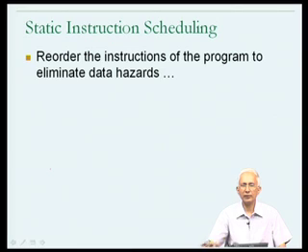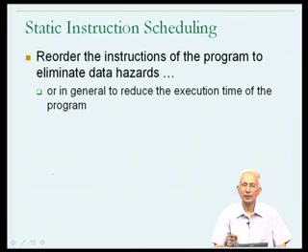So the general idea is that we will try to reorder the instructions of the program in order to eliminate data hazards. But one could think of the objective of static instruction scheduling more aggressively. One could actually say that by eliminating data hazards, we are potentially reducing the amount of time to execute the program, because we may be eliminating many stall cycles, many cycles in which an instruction could not complete.